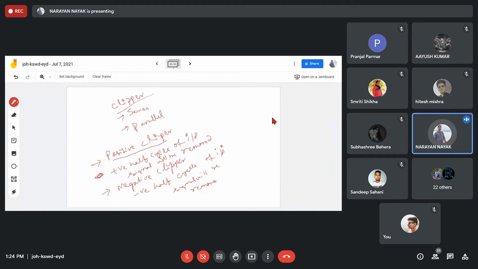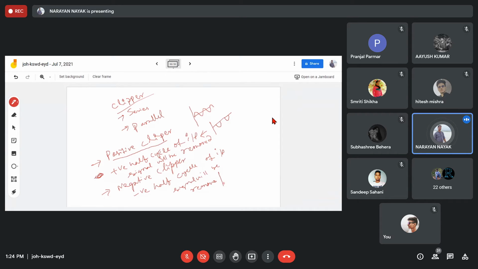So in the positive clipper, what type of graph will you get? Suppose this is the input signal. What will the output signal be? The positive half cycle will be removed. This will be removed, this will be removed. So you will get this type of signal for positive clipper. Understood? The negative clipper, what do we get?